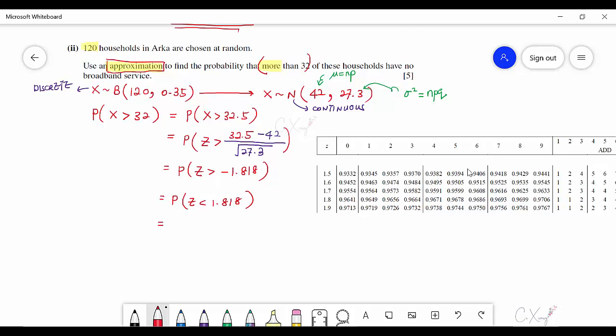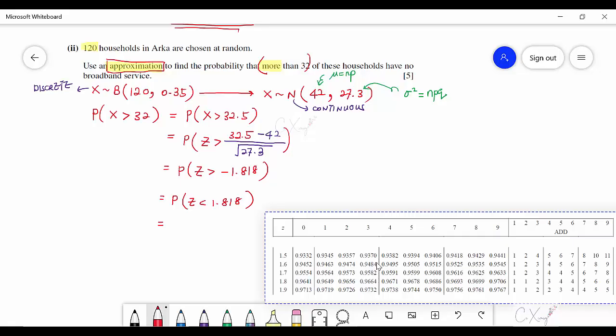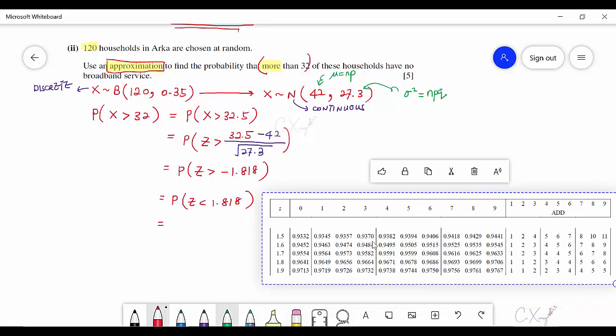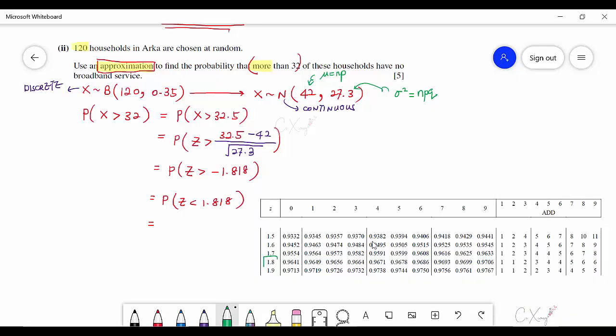From the table, we look for 1.81, which gives 9649. Then for the last digit 8, you need to add on 6, so 9649 plus 6 gives 9655, which means the probability is 0.9655.